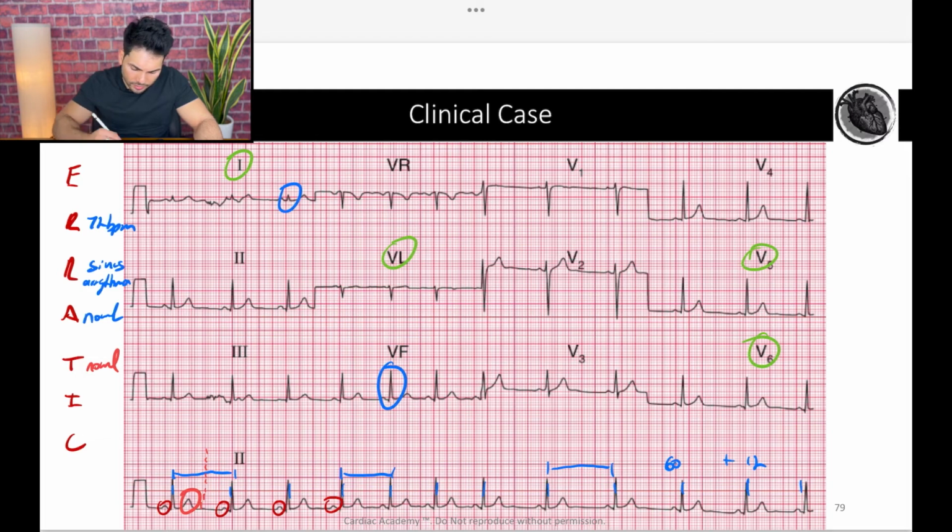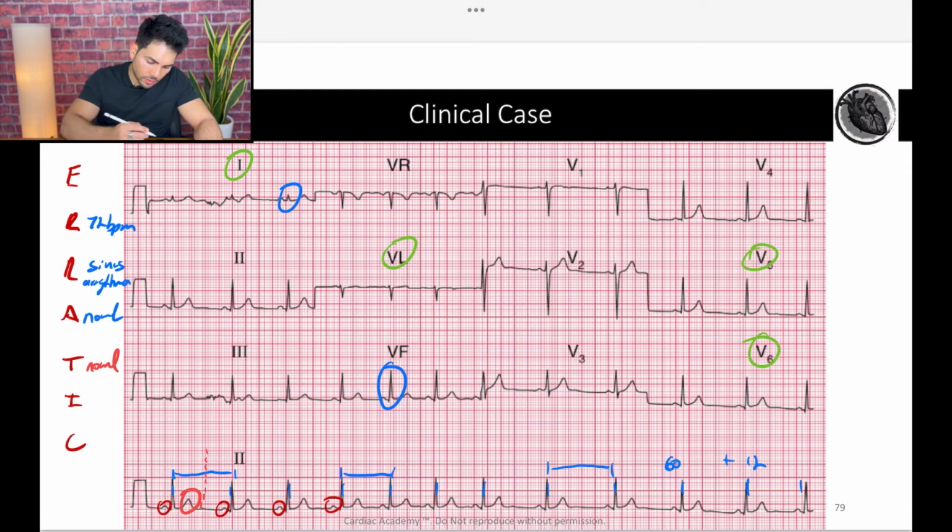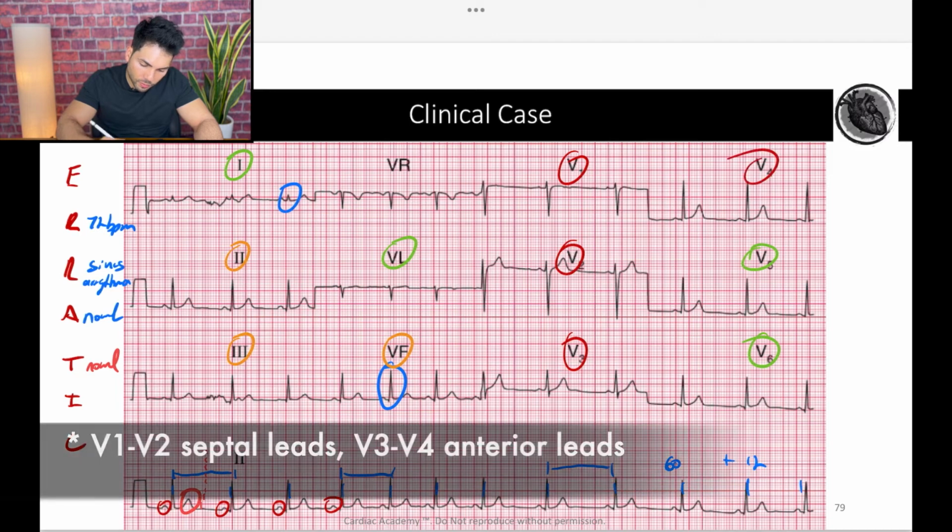We don't see any of that. Then we look at the inferior leads, so lead 2, 3, AVF, and we don't see any of that either. And finally, we look at the anterior leads, V1, V2, V3, V4, and we see no changes, so it's normal.